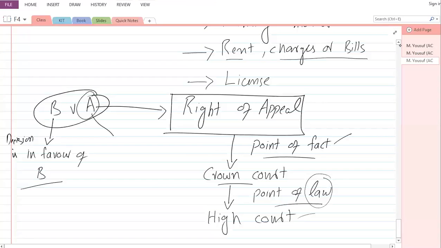So on the basis of application of law, if you want to file an appeal case, you need to go to High Court. So these are two types of appeals that are available, so you need to memorize all these things, otherwise it will be very difficult to understand Crown Court or High Court in the next class.